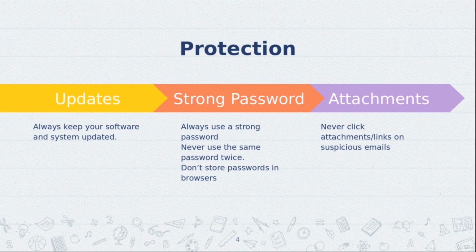If there is a genuine problem, these companies will always be public about it. So never click on any suspicious link or attachment. For example, if someone in your organization sends you an email asking you to please check this file, most of the time it will be a phishing attack.